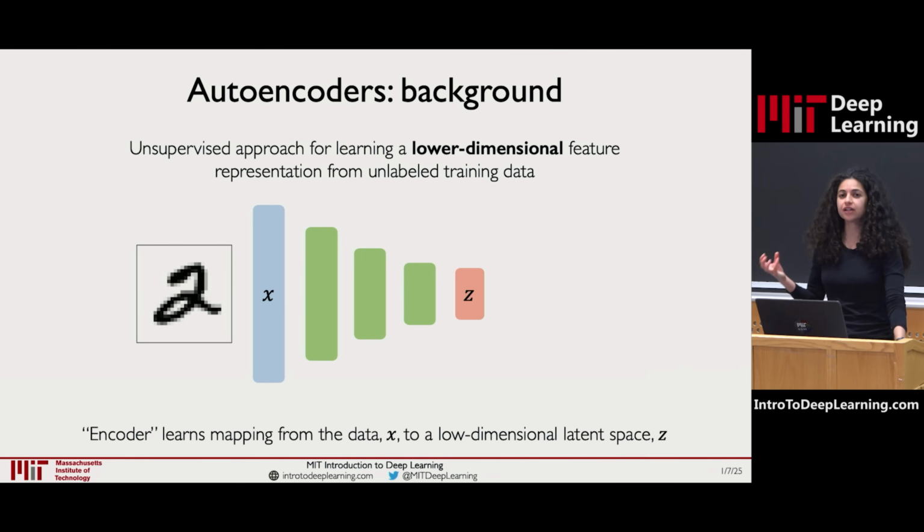Exactly. We're trying to extract and distill down to those most important features. Keeping a lower dimensional latent space means that we're effectively compressing the data, encoding it into a small latent vector, and learning this very compact, very rich feature representation.